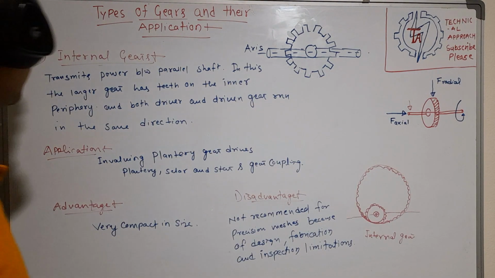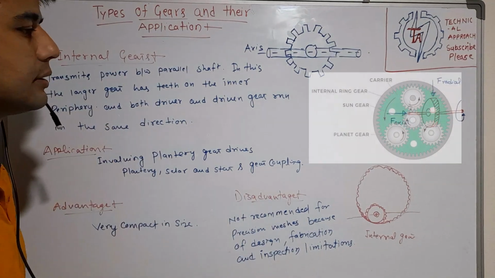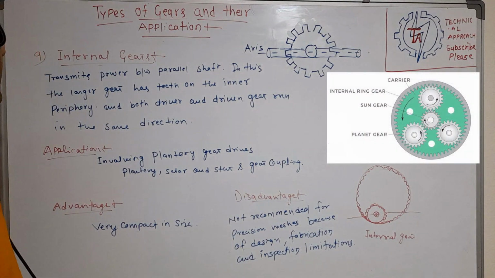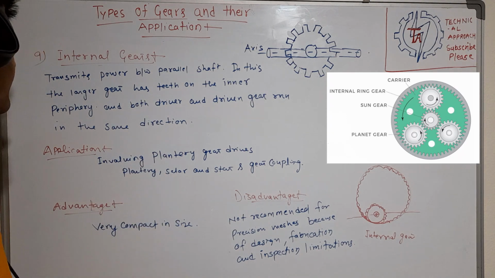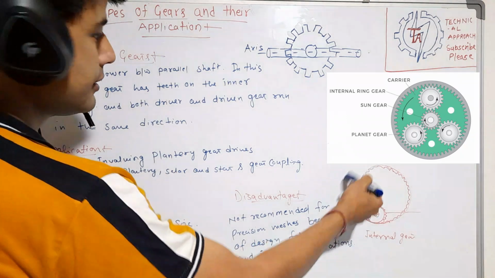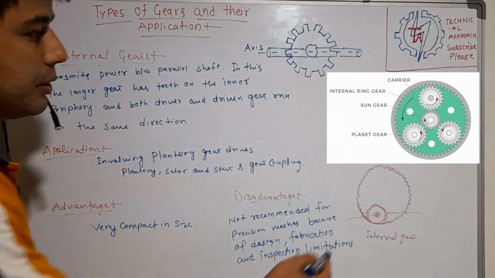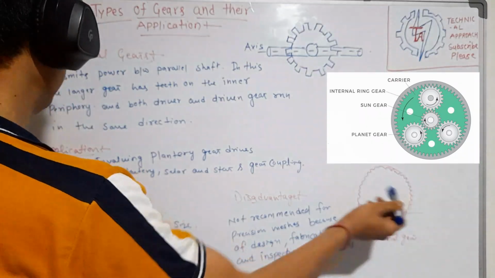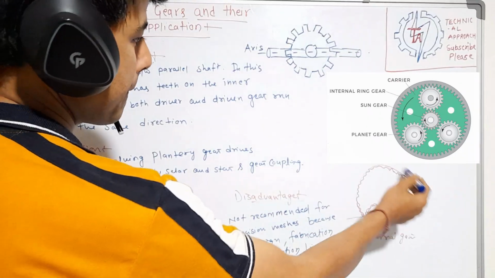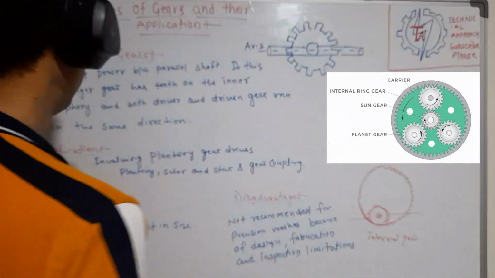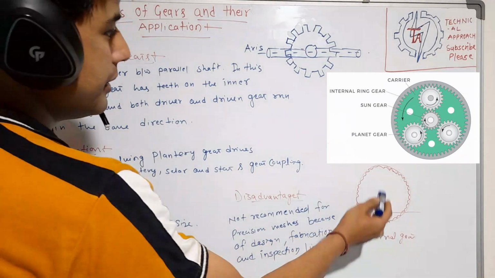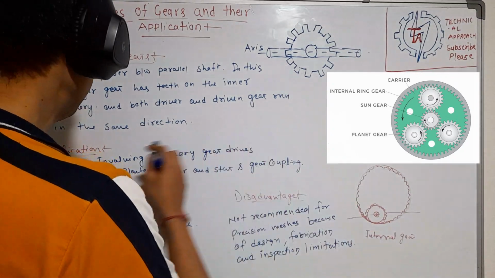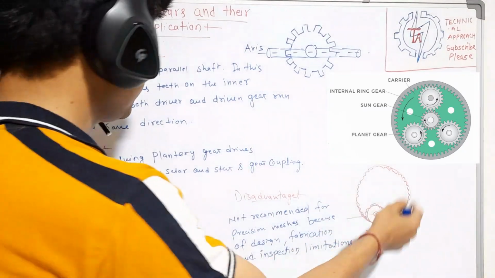The last one, internal gear, transmits power between parallel shafts. In this, the larger gear has teeth on the inner side, the inner periphery, and both driver and driven gears run in the same direction.